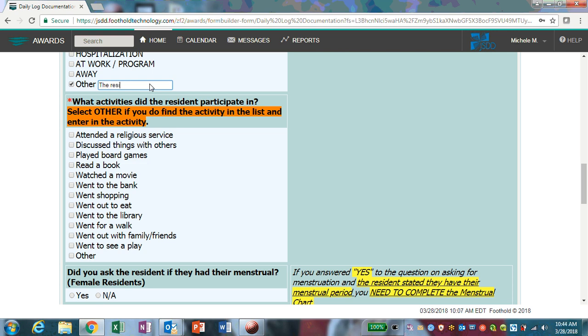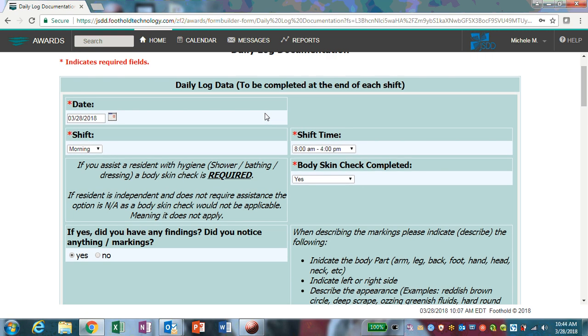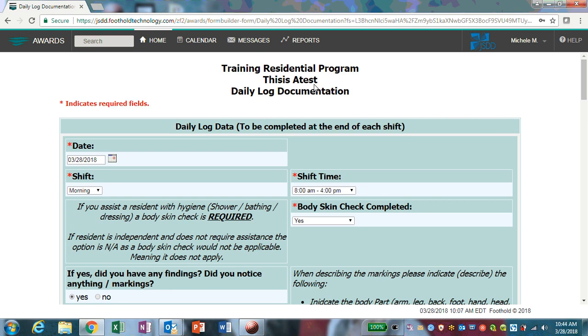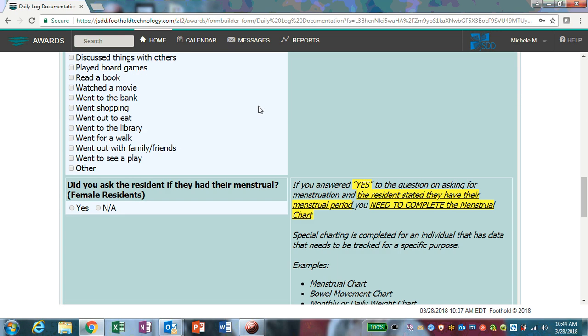the resident. Well, I wouldn't necessarily write the resident, right? We would say the person. So this is the resident.